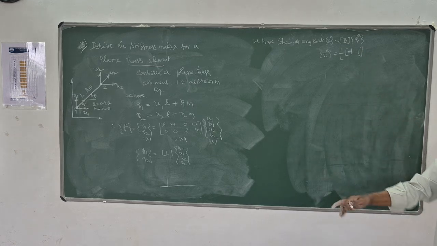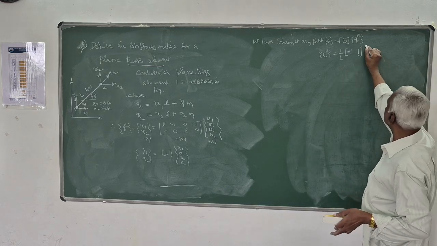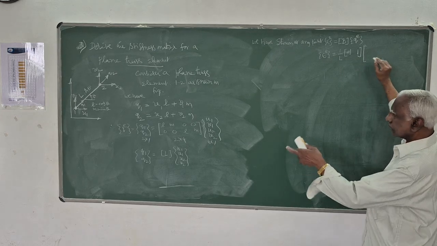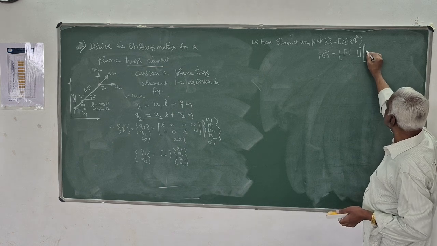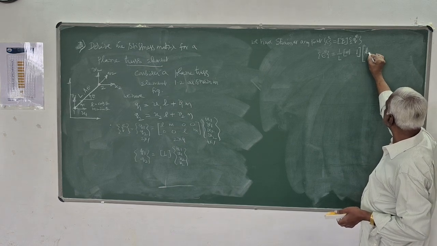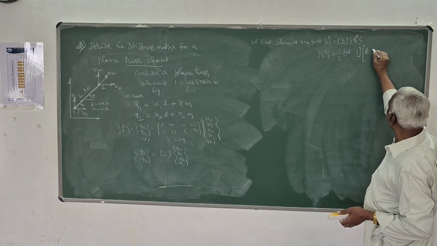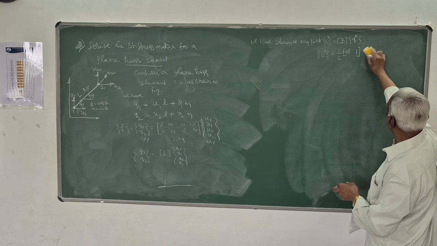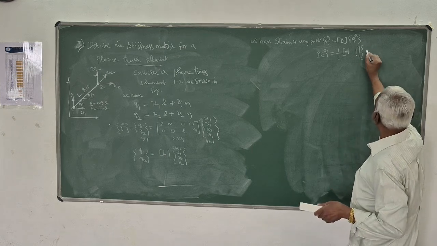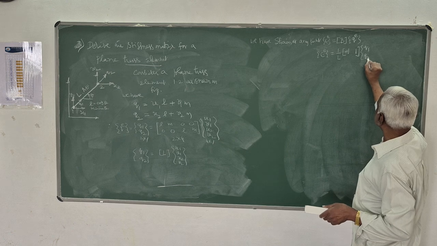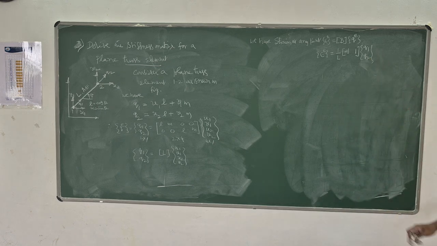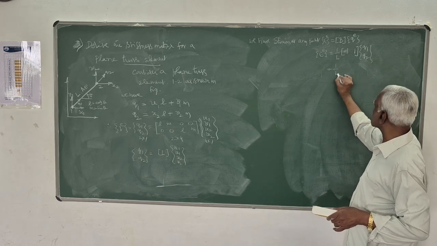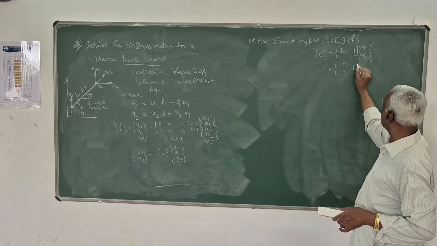That I have already derived in the previous example. This Q element, I will write as it is, so that it will be clear. Q element is this. So all this I can write as minus 1, 1.